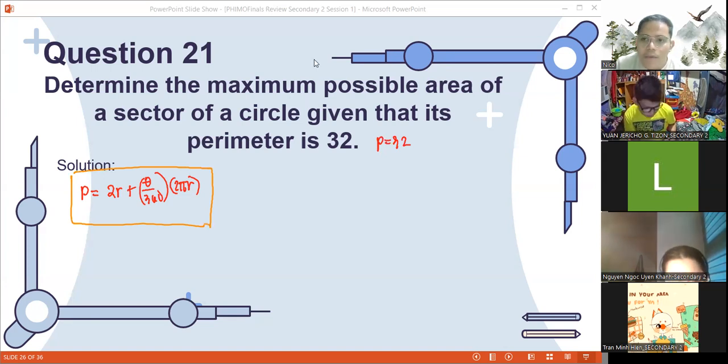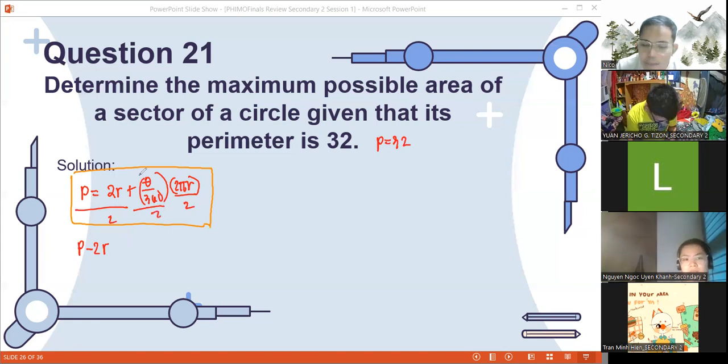Now, what are some conditions that we need to remember? Let's rewrite this one as P minus 2r, and then we divide everything by 2.